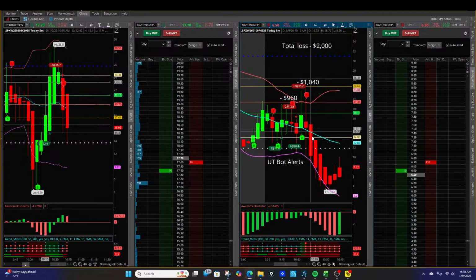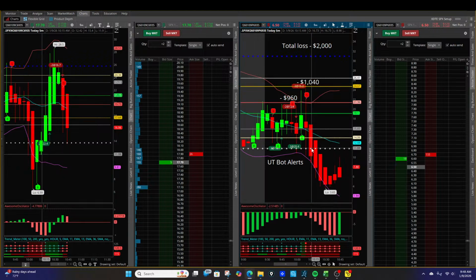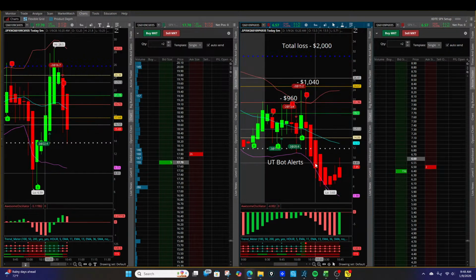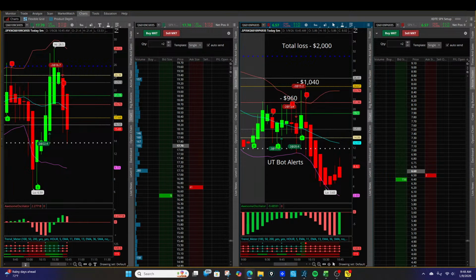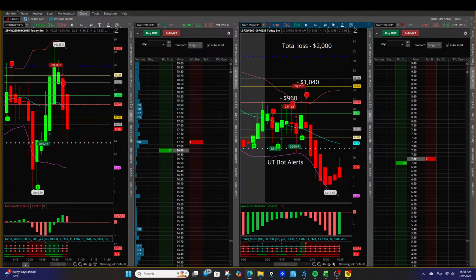Here on the puts, it went down to this overnight low and it just kept dropping. And so to me, that's a bearish thing to do. And on puts, which is the right side of the screen, we've got a green bar on the awesome oscillator, but then the trend meter is still red.